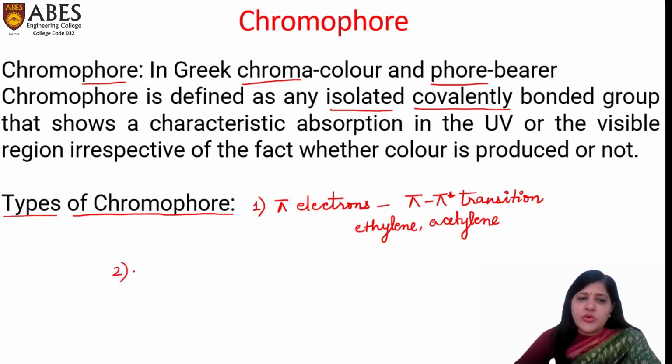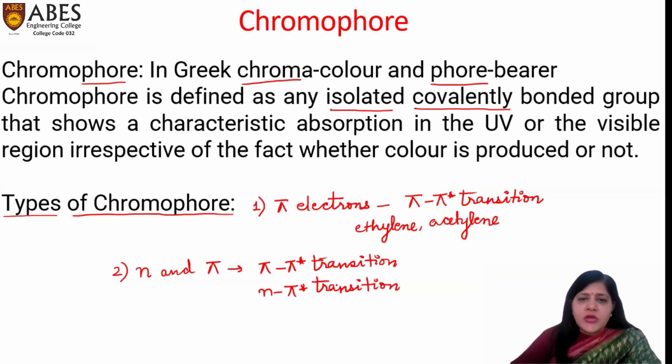The second type is those which contain non-bonding electrons and pi electrons. They show two types of transition, pi to pi antibonding transition, as well as non-bonding to pi antibonding transition.